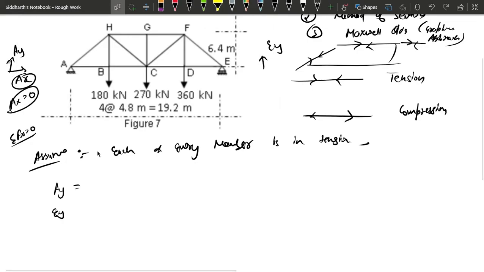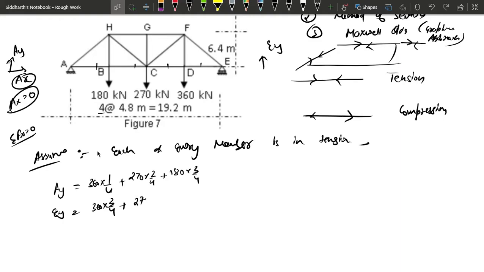You just need to see that this is 4 parts: 1, 2, 3 and 4. So take 360 into this part, like the right one part, 1 by 4, plus 270 into 2 by 4, plus 180 into 3 by 4. Similarly for EY, this will be 360 into the far away part, 3 by 4, plus 270 into 2 by 4, plus 180 into 1 by 4.